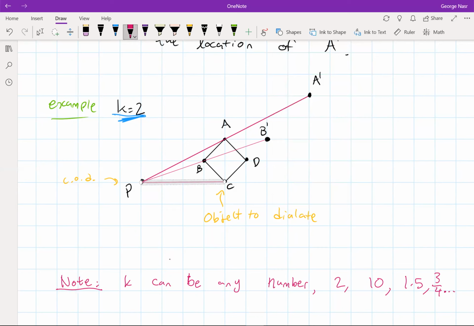There's the line for C. It's 4 units long, and so I've got to now make it 8 units long because my scale factor is 2.